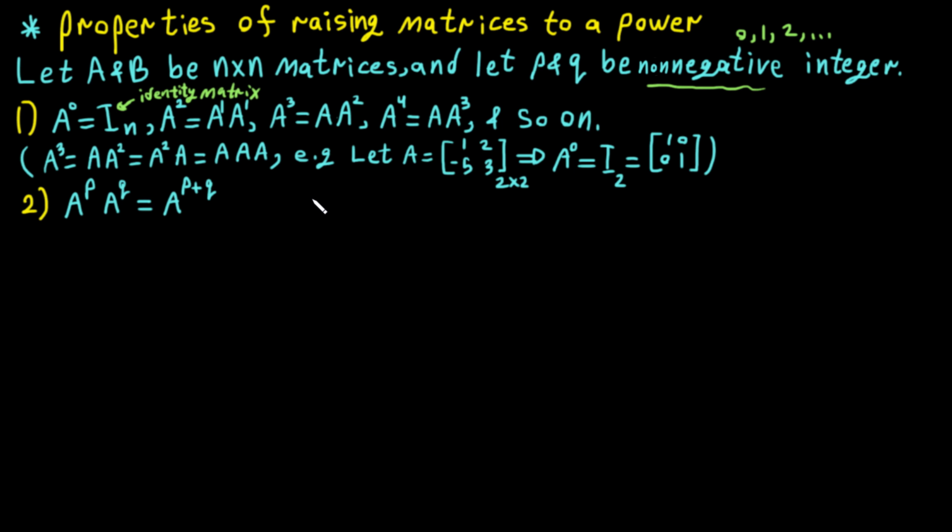Let's illustrate this more. It's similar to 3^2 multiplied by 3^4, which is equal to 3^6. So you add the exponents, the same as with numbers. Here we have matrices, but the rules are the same as for numbers. Now let's write the third property.